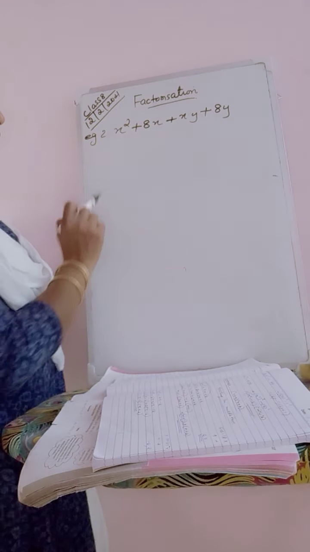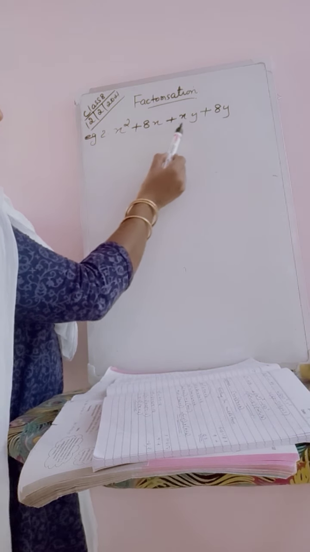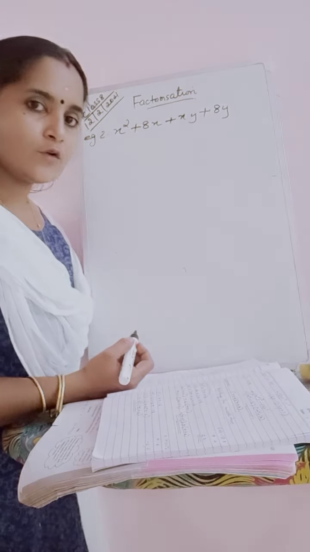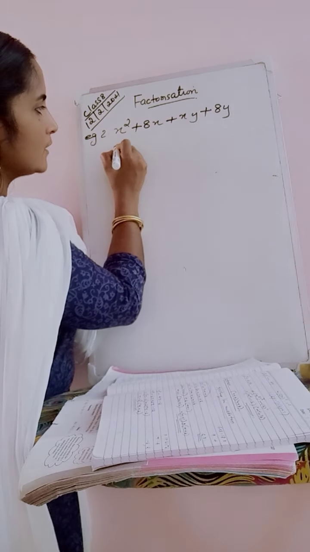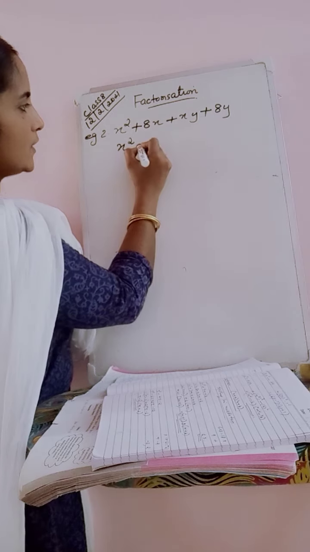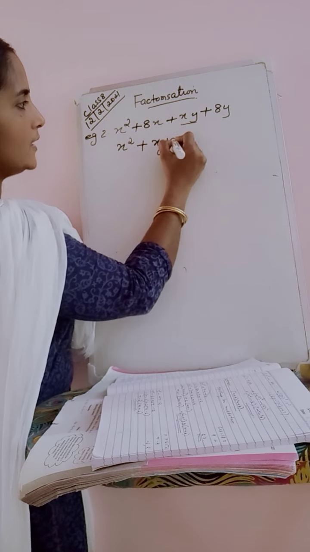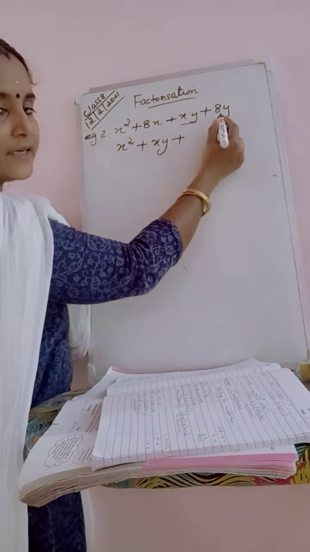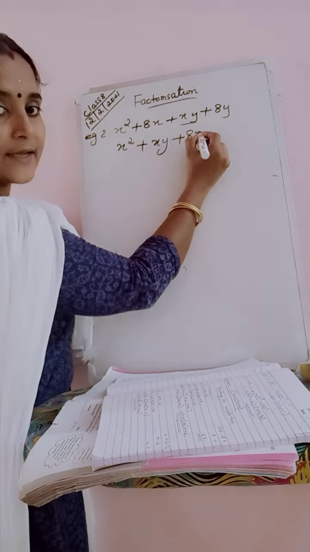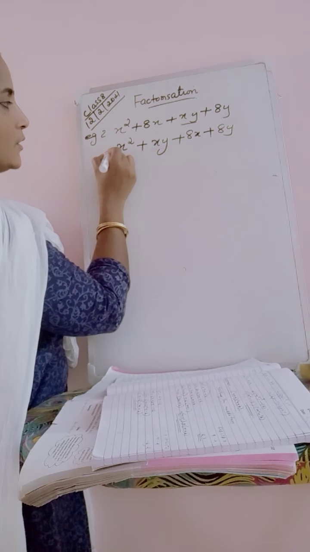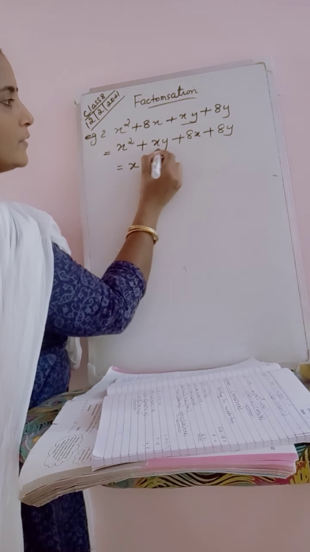Another example, x square plus 8x plus xy plus 8y. Here we want to factorize it. So we write it as x square plus, then you write the third term xy plus, write the second and fourth terms together, 8x plus 8y, is equal to, x is common from these two terms.